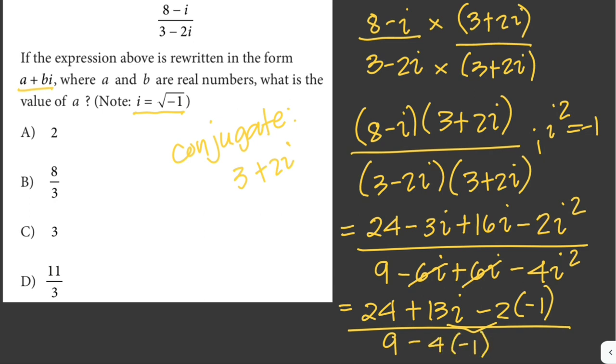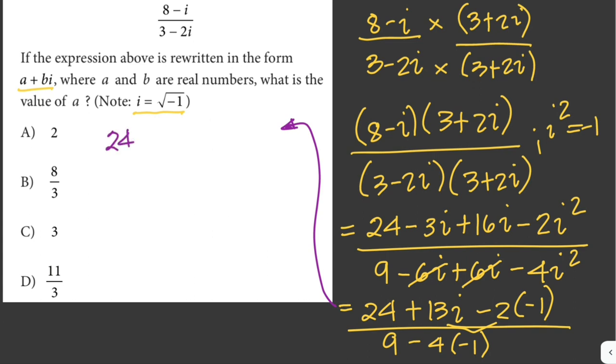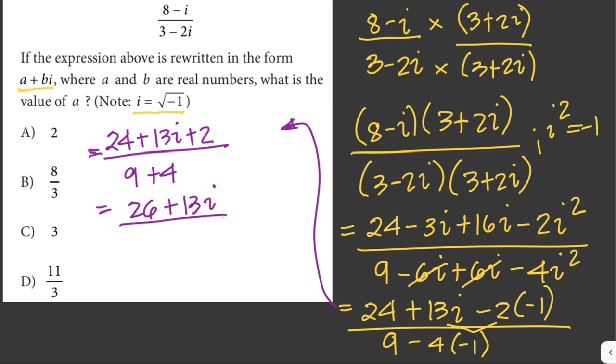So this would give us 24 plus 13i plus 2 over 9 plus 4, which is just equal to 26 plus 13i over 13.